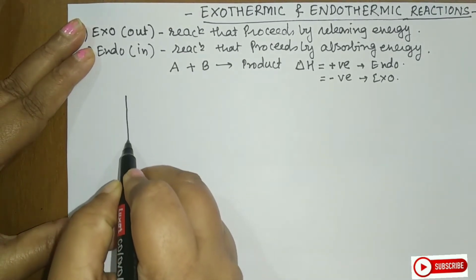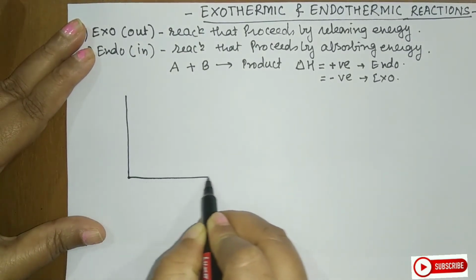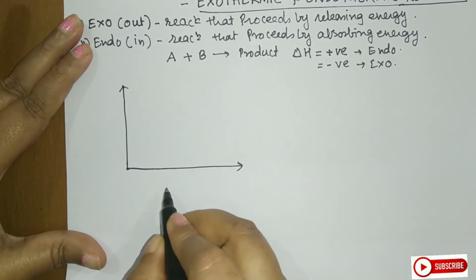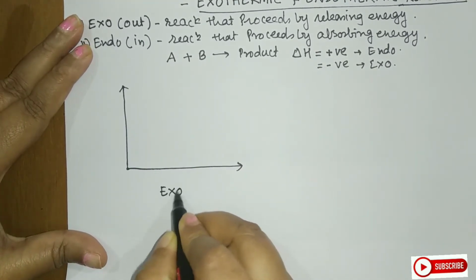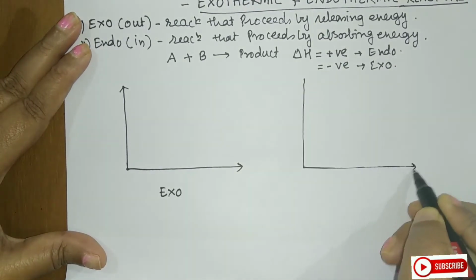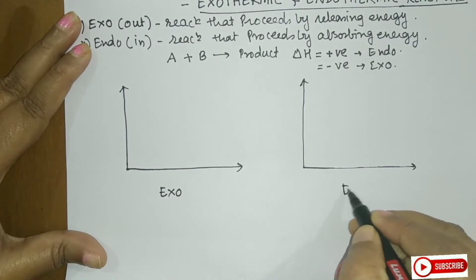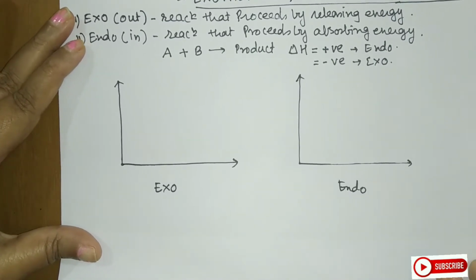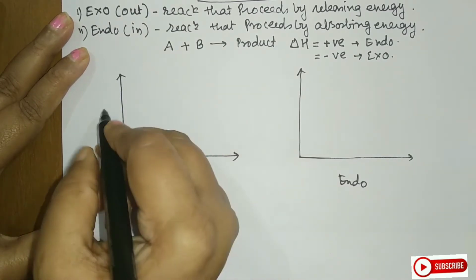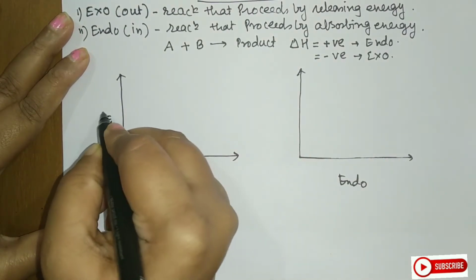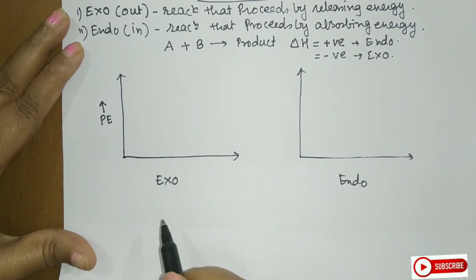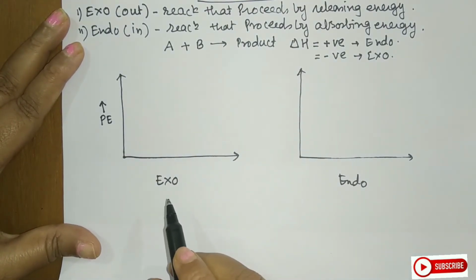So students, the first graph we'll be plotting is for an exothermic reaction, and the second graph is for an endothermic reaction. Now what is the difference between the two? On the y-axis, we usually consider potential energy. Why do we consider potential energy on the y-axis?